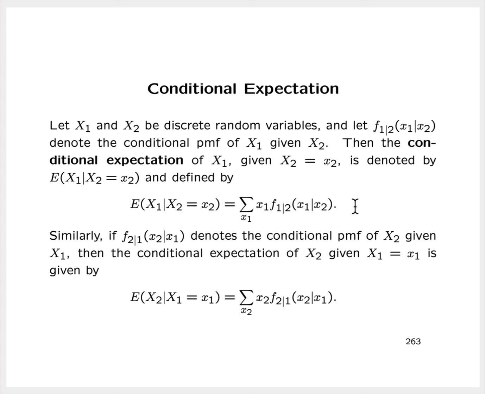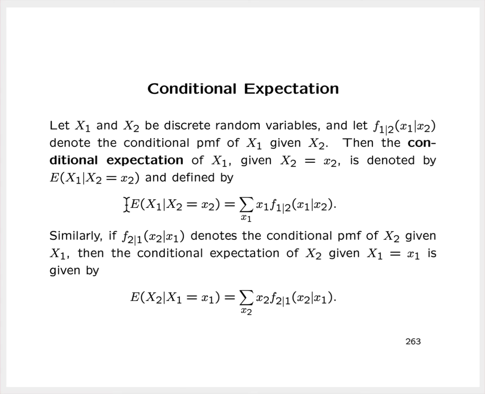So when we talk about a conditional expectation, it's an expectation with respect to a conditional distribution. And remember that an expectation is just a weighted average. It's a weighted average of the values taken on by the function whose expectation we're wanting, and the weight factors are the values of the PMF if we're dealing with a discrete random variable, or the PDF if we're dealing with continuous random variables.